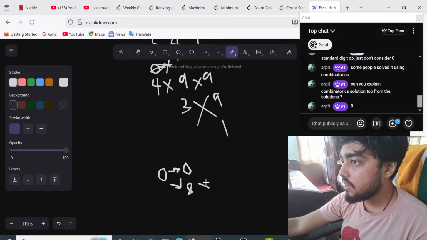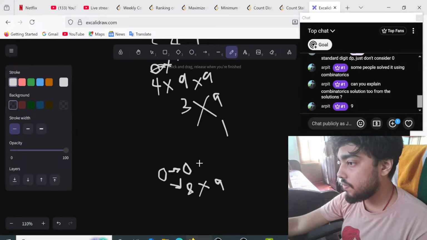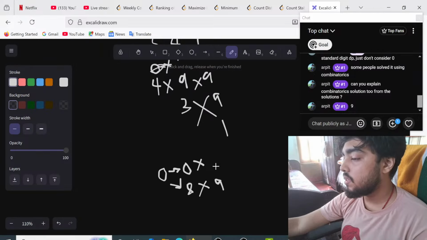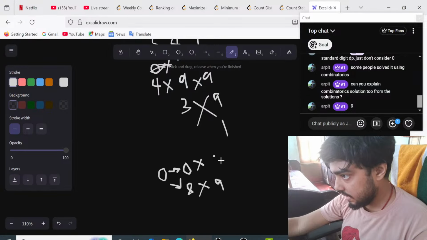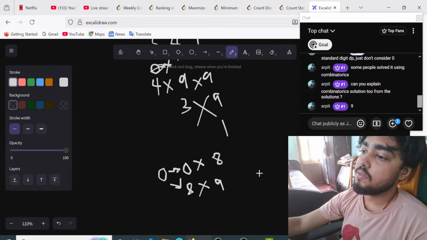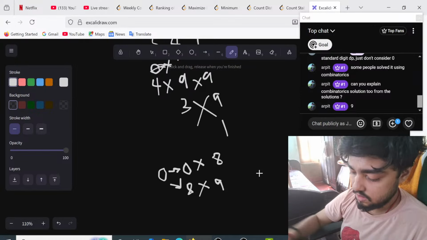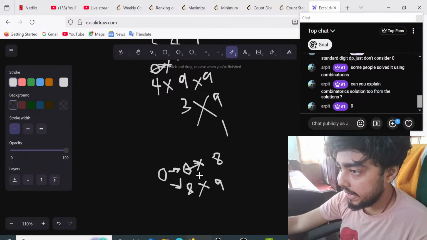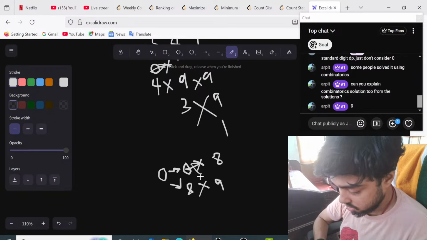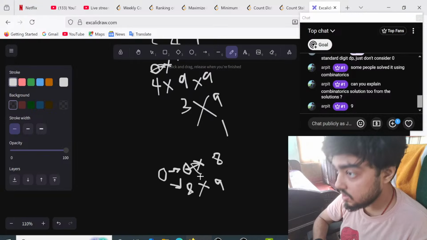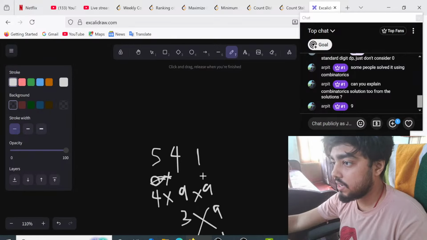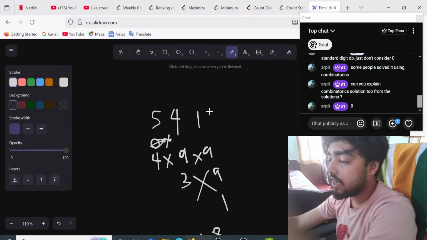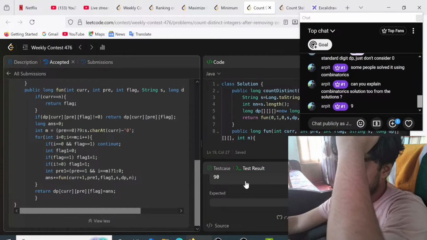So if it is 8, then it will be 8 into 9. If it is 0, then also the next number will be 8. So basically this is 8 and this is 8 into 9. So what was my solution? 352 plus 8 plus 8 into 9. So it is 432. It's coming as 432. I'm not sure, so I'll check for 541 first. What the solution comes.